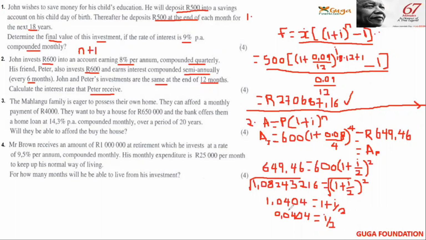So you multiply both sides by 2, so you will have your I is 0.08, 0.8, which is equals to I. So then you multiply by 100.